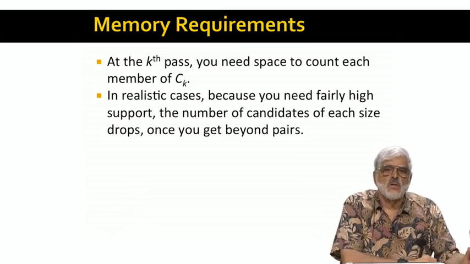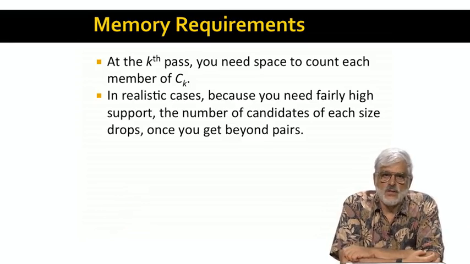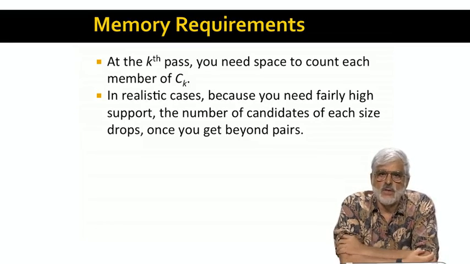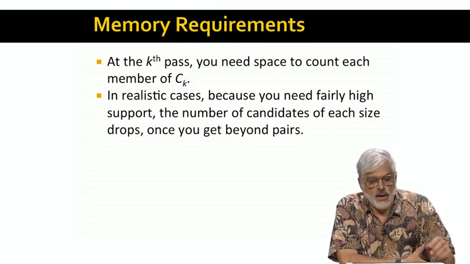But in cases where this method is used in practice, the support threshold is high enough that as k increases beyond 2, the number of candidate sets that can be formed from the frequent sets on the previous pass actually decreases, doesn't increase. Thus, the memory requirements peak at k equals 2, and that's why we concentrate on finding frequent pairs, and why the more advanced algorithms we'll see in the next unit differ from a priori in how they handle the pairs.